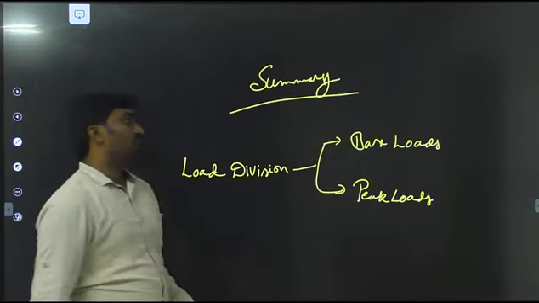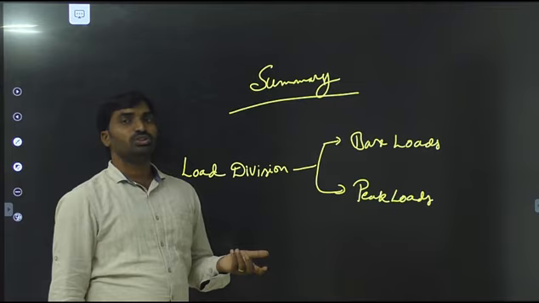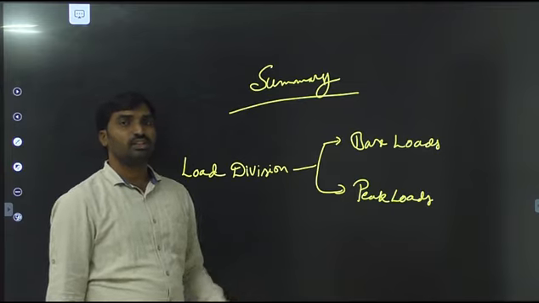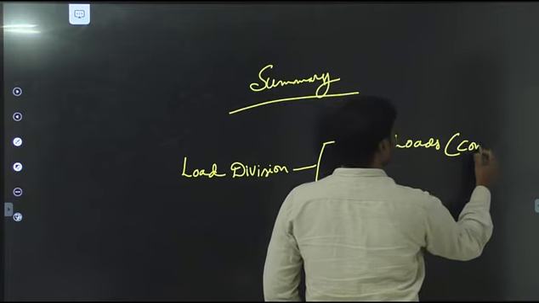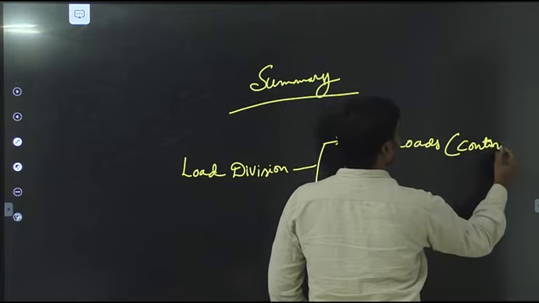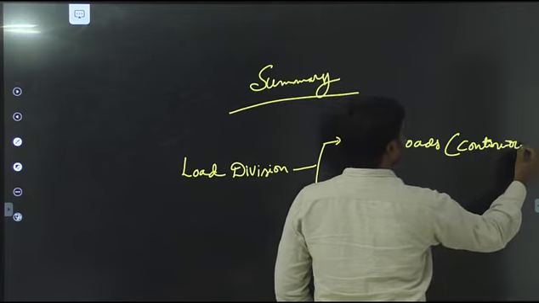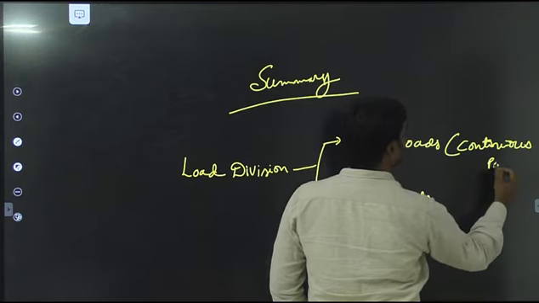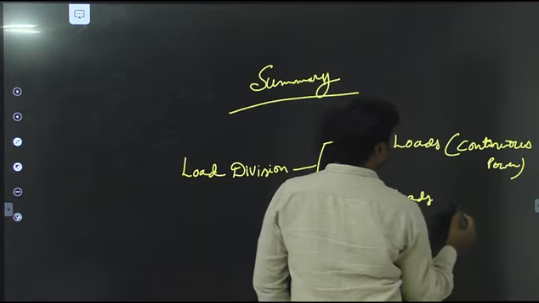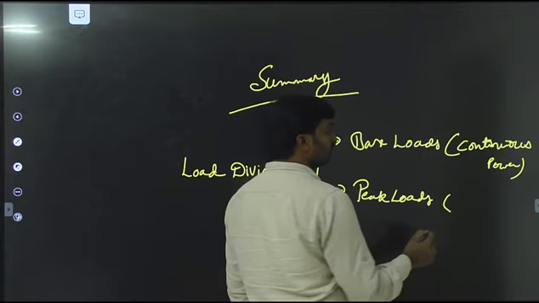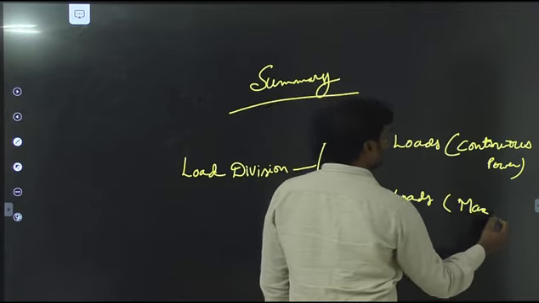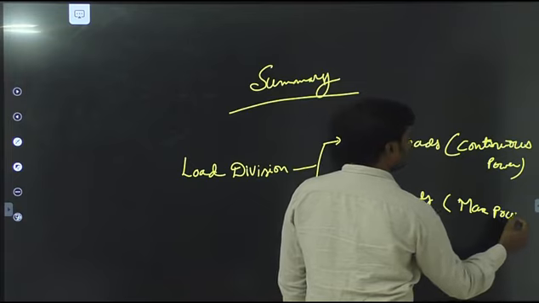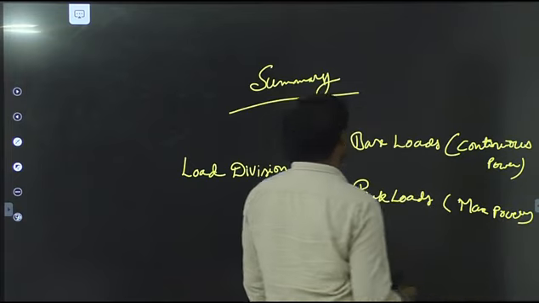Here we have two types of power loads. One is the base load, that is, continuous power required, and the other is a particular time when maximum power is required.